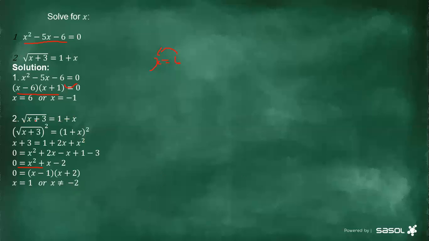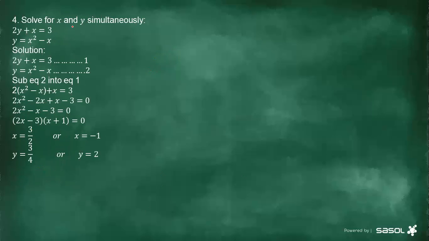Negative 2 plus 3 is 1, square root of 1 is 1. Then 1 plus negative 2, the answer is negative 1. So negative 1 is not equal to positive 1. So it's wrong. Hence we are saying x should not be equal to negative 2. So that's the correct one.